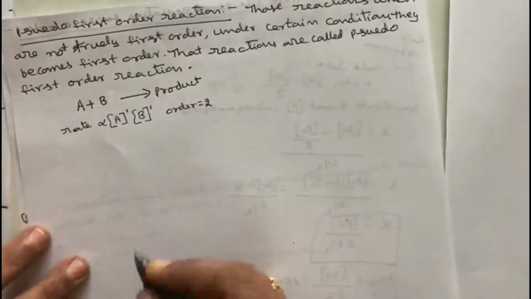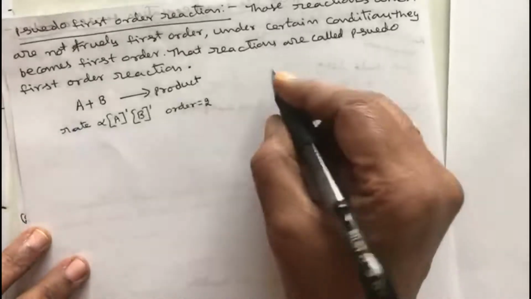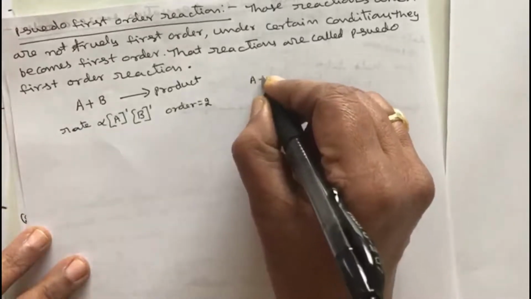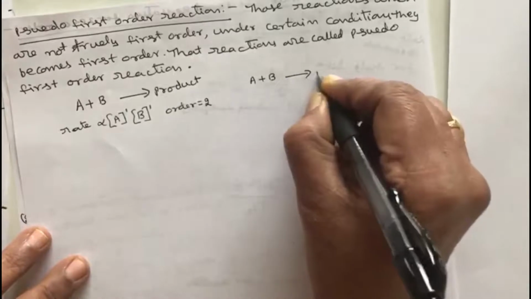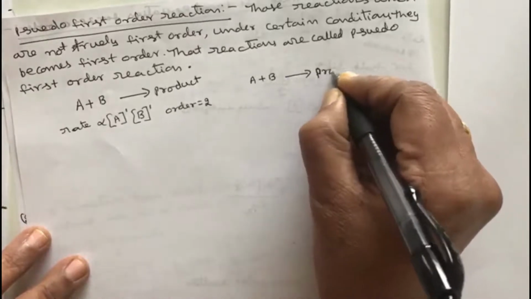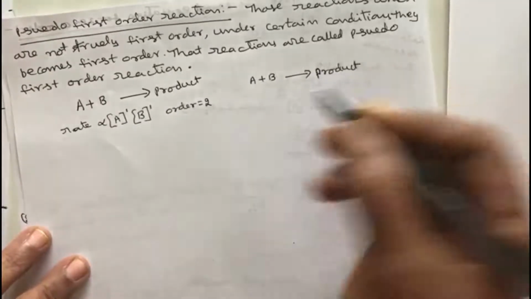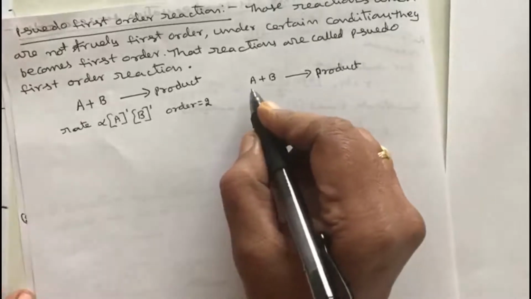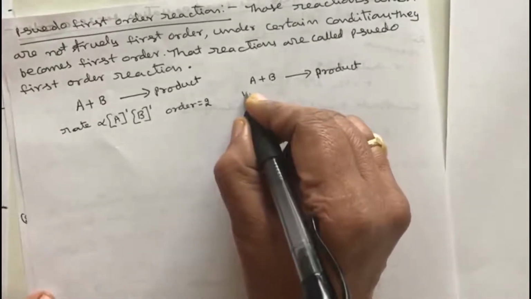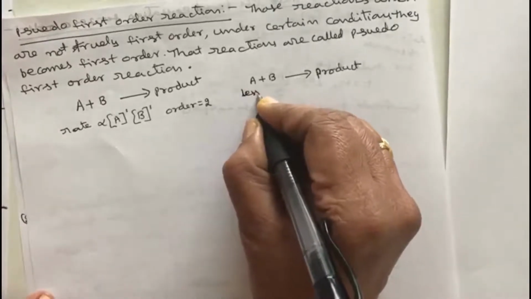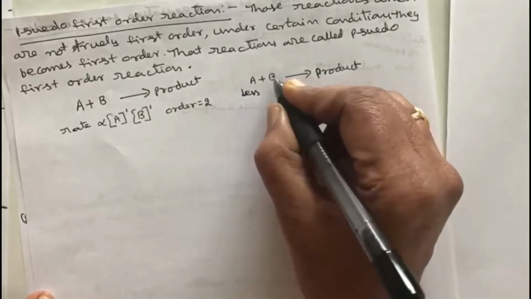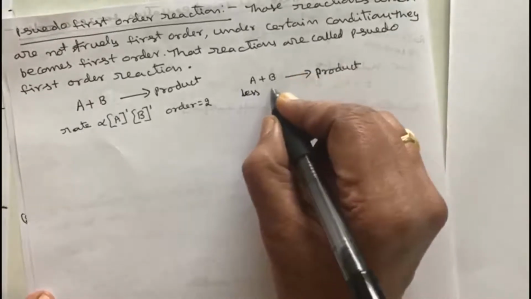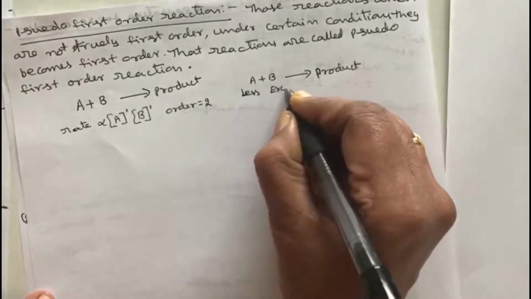But now I repeat the same equation. A plus B gives product. If the concentration of A is very less, the quantity of B is present in excess.